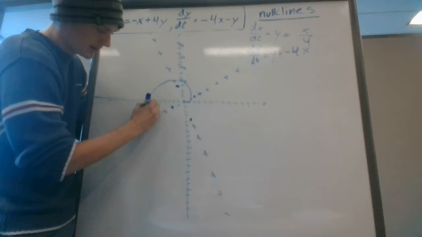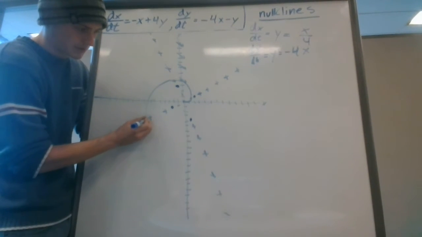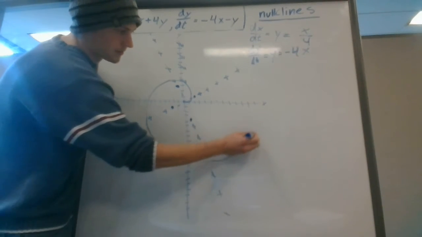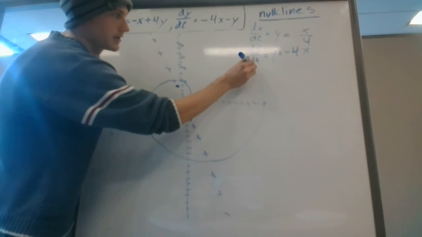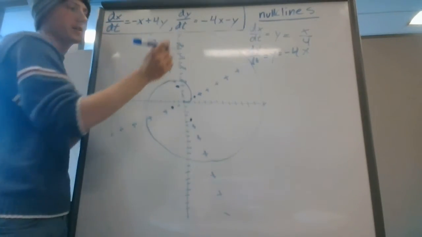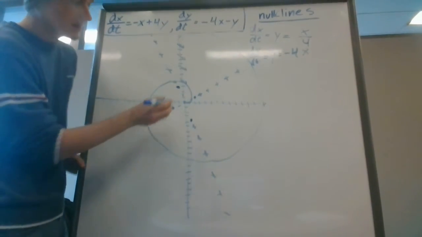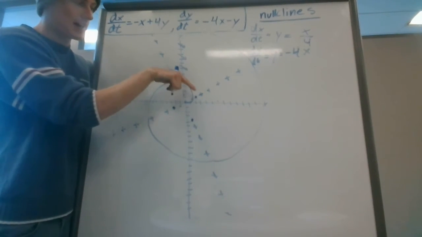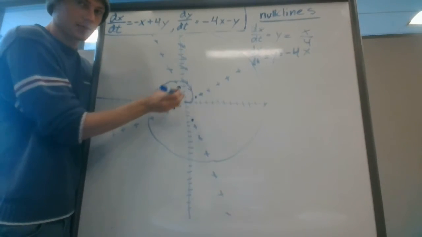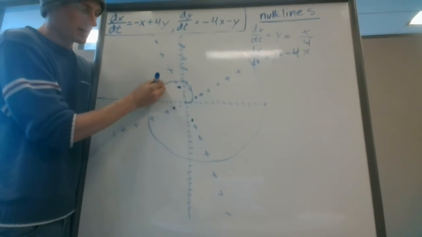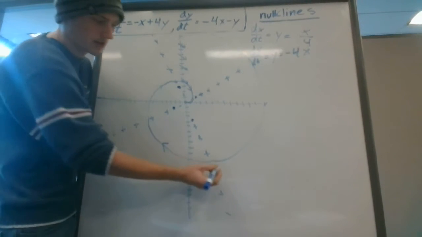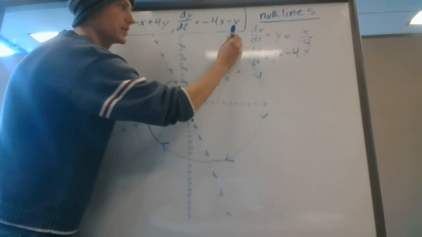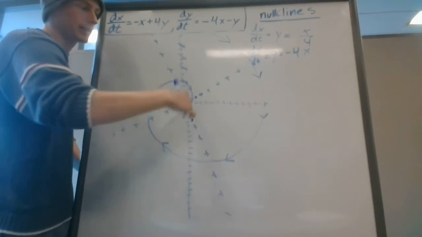It's going to come down, and it's going to be vertical again when it crosses this null line, going around, horizontal at this null line, going back up, horizontal at this null line, and then working its way back to being diagonal here. So we know that we already determined that at this point it's going to be headed that direction. So we know that it's going this way here, which means that it's going this way here, and this way here, and this way here. So it's going like this.